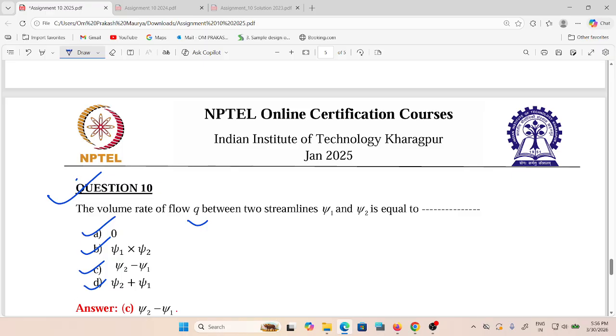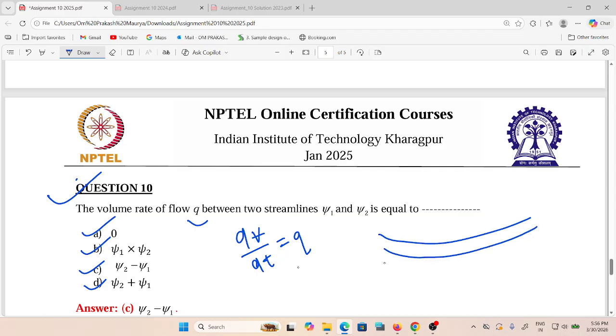So here you have the volume flow rate Q, that is del V by del T, the volume flow rate small q between two streamlines.